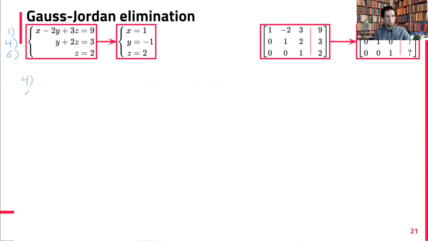So I have row 4, I have row 6, and I want to eliminate z. We would multiply the 6th equation by -2 or 2 itself. Okay, so let's just say +2, and then are we going to add or subtract?